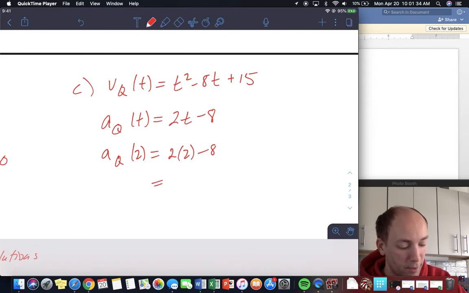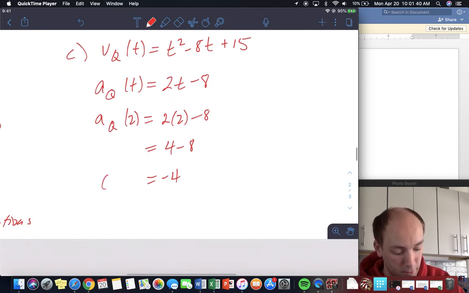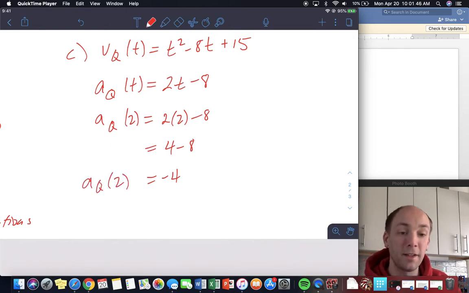So 4 minus 8 is negative 4, okay? So the acceleration is negative.